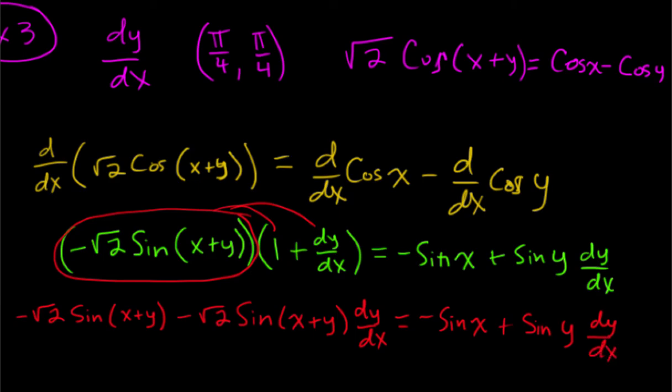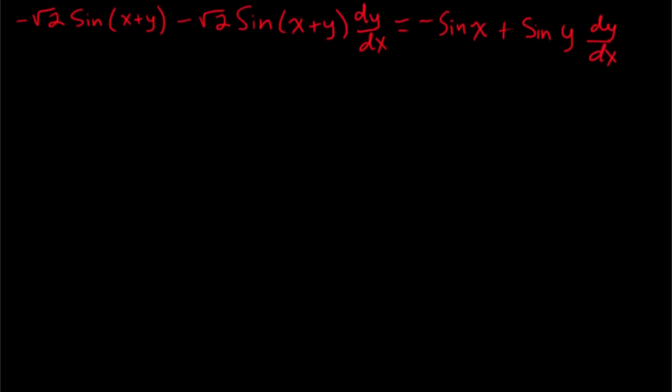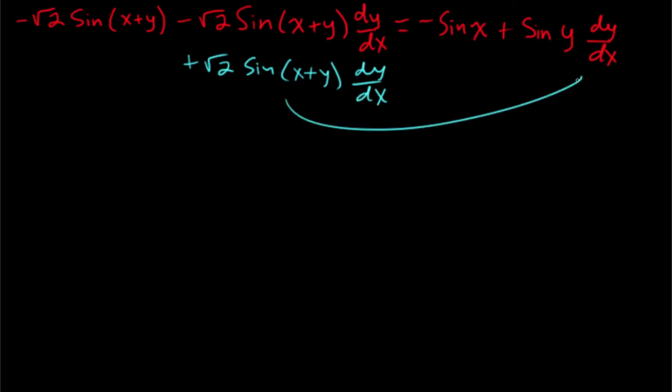Okay, our goal is to get dy dx by itself. So we just need to pick a side. I'm going to pick the right side to be my dy dx. So I'm going to add this onto this side. And I'm going to add this, because it doesn't have a dy dx, onto this side.